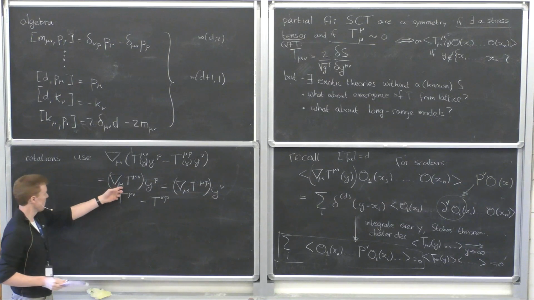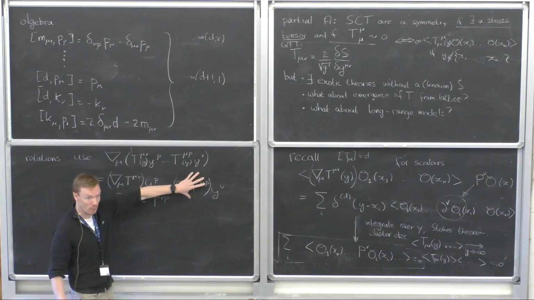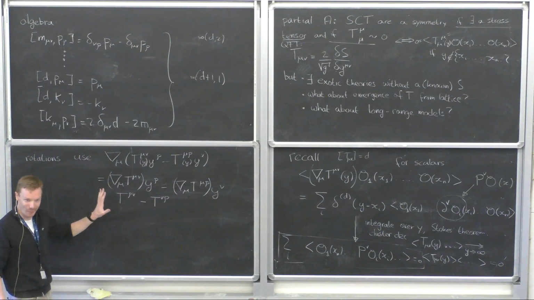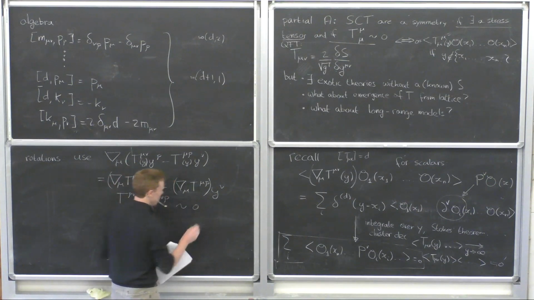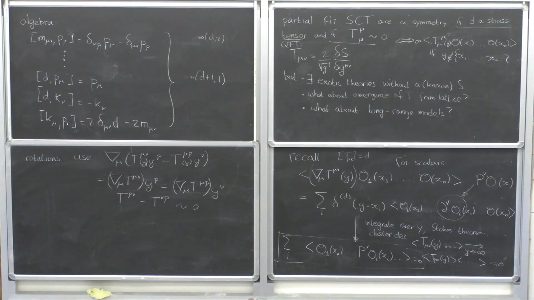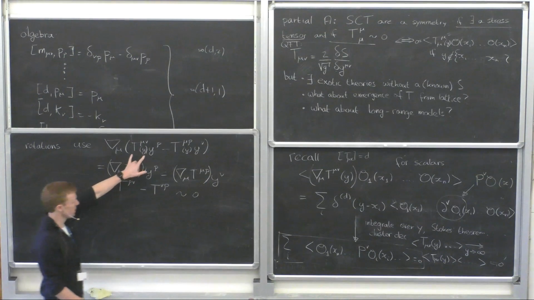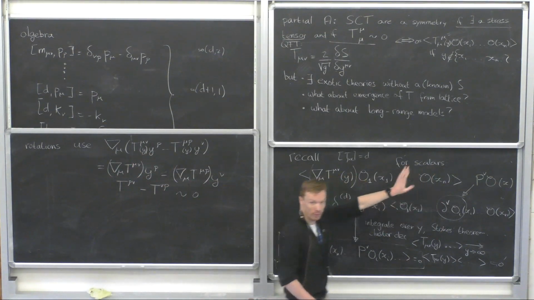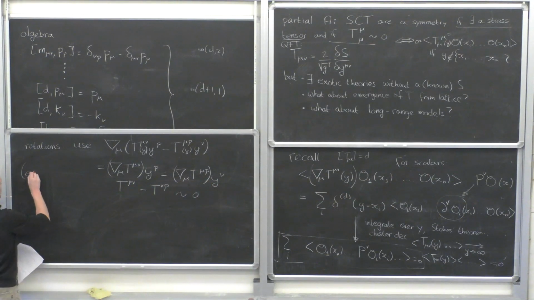So you see that this is 0 away from contact points, and my stress tensor is symmetric, at least away from contact points. And so this away from contact points is 0. So you just insert this, and then for scalar operators, this is the right rule. You'll find rotational symmetry of your correlators. So I'll leave this as an exercise.